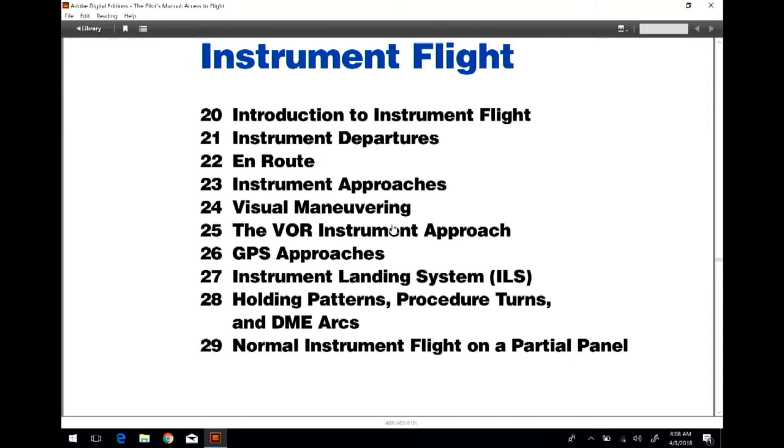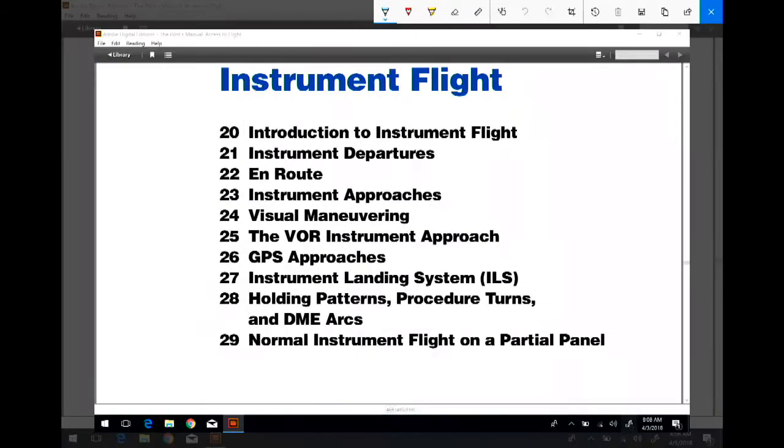So those are the things that we're going to be doing. When we go through this today, this is what we're going to talk about. And then we have 1, 2, 3, 4, 5, 6, 7, 8, 9 chapters that we are going to be knocking out here in April.